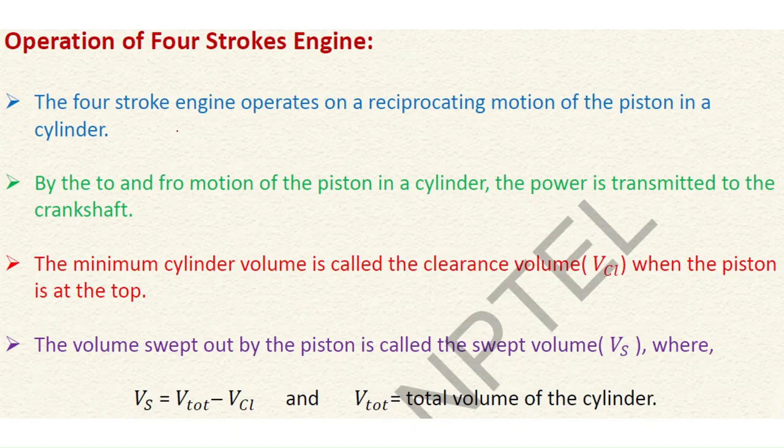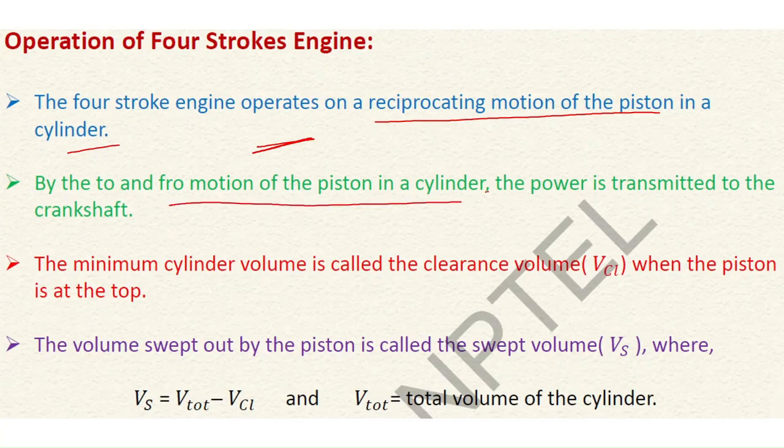Operation of the four-stroke engine. The four-stroke engine operates on a reciprocating motion of a piston in a cylinder. Reciprocating motion is a to and fro, up and down motion of the piston in a cylinder. By this motion, the power is transmitted to the crankshaft.